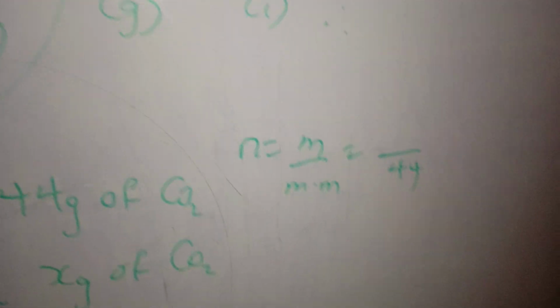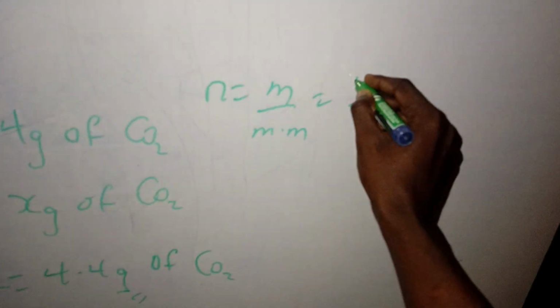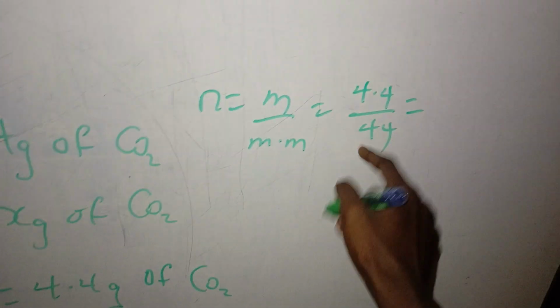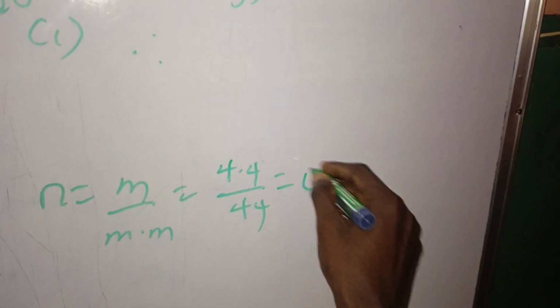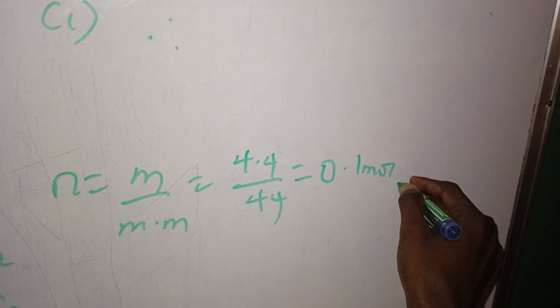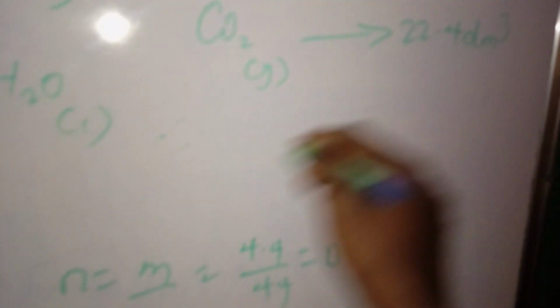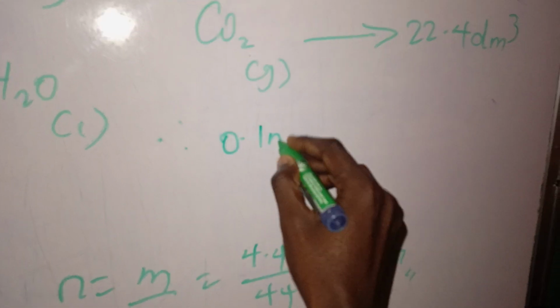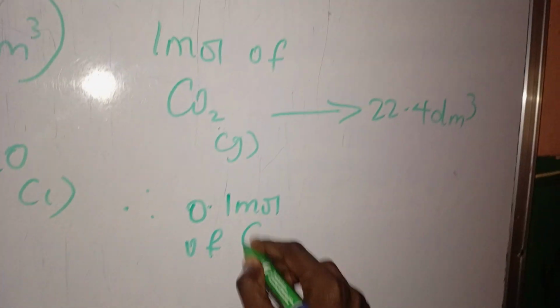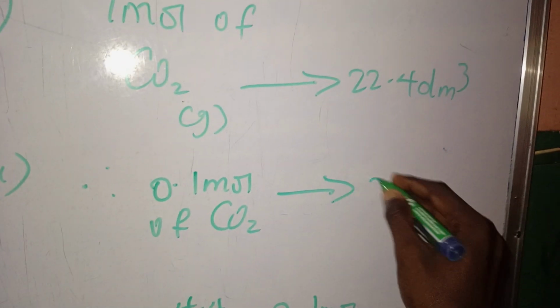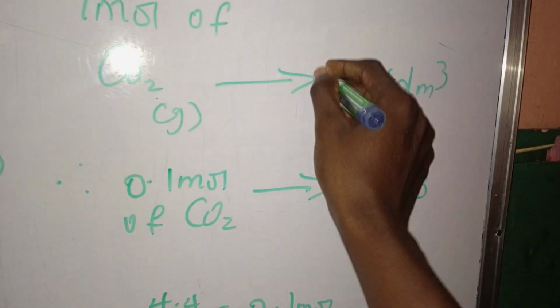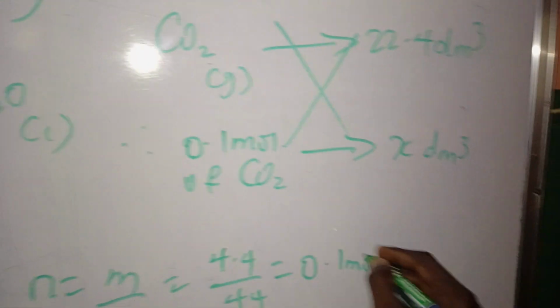The mass I got here is 4.4 gram. So that will be 4.4 over 44, which is 0.1 mole. So I can now come back here. If 1 mole of CO2 contains 22.4, so therefore 0.1 mole of CO2 will contain x dm cube. You cross multiply. x times 1 is x.